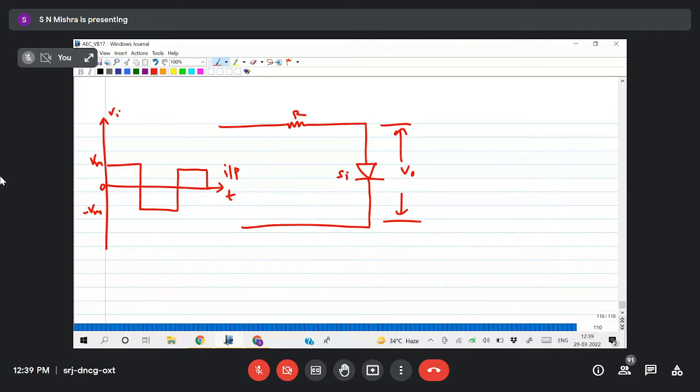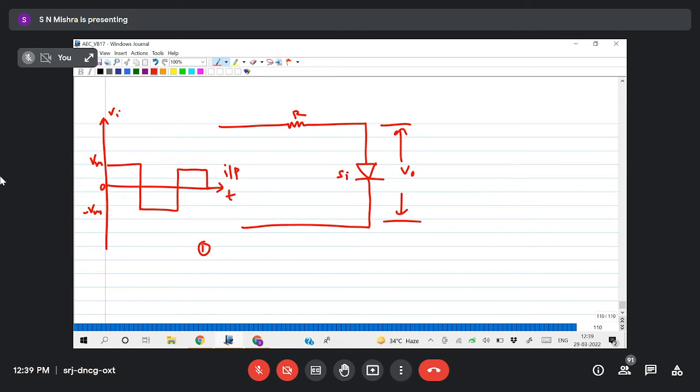क्या होगा? What is my condition when the diode is on, when the diode is off? Vi greater than 0.7, then only the diode will be on, because we have to overcome the threshold voltage.